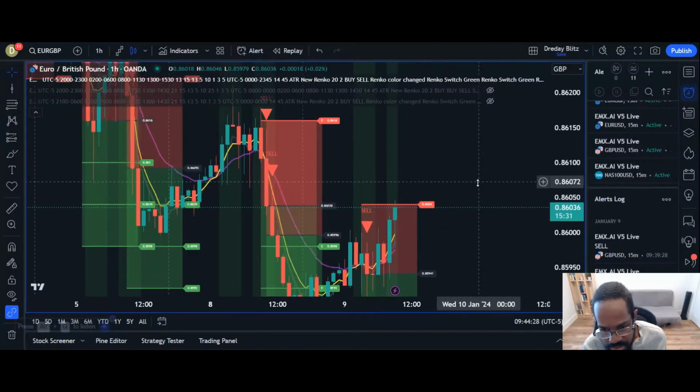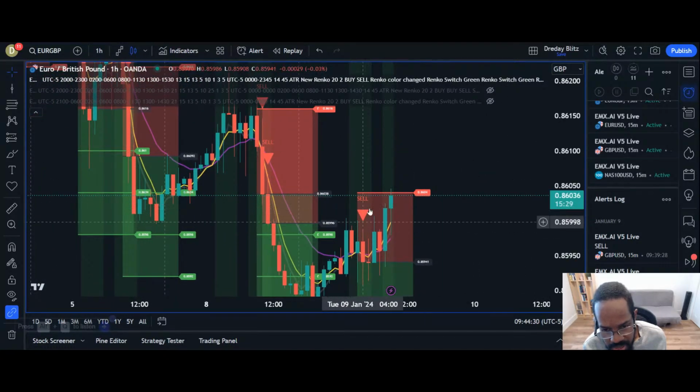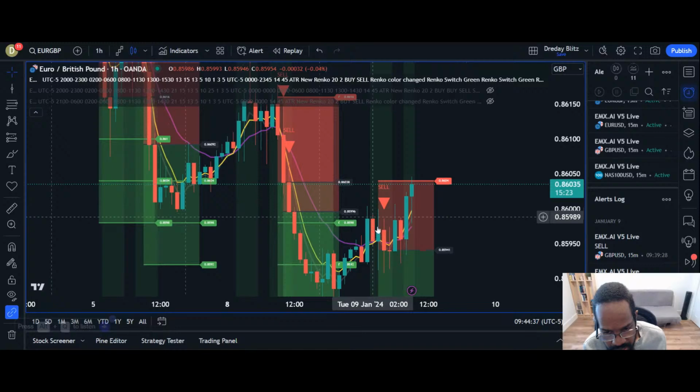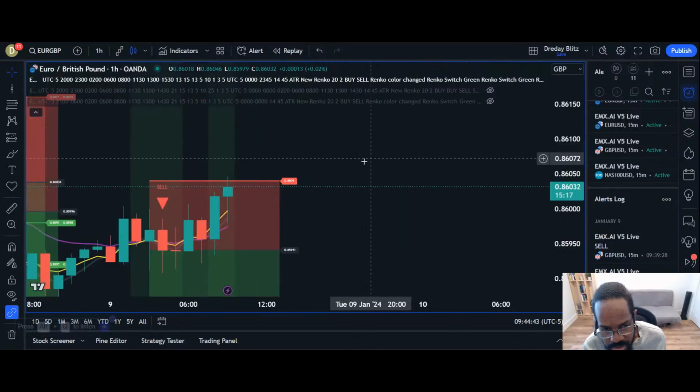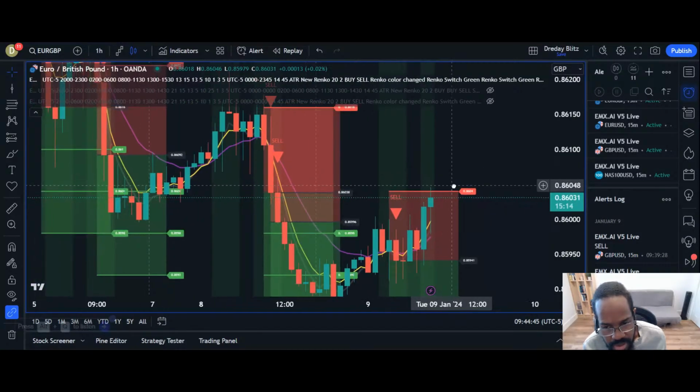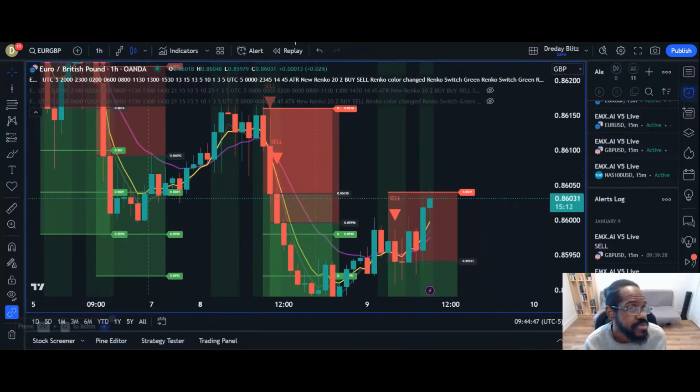Because you said you took a sell on Euro GBP, was that at the London session? If that's the case, it's getting towards your stop loss zone, Leon. So I would be out of the trade at this point.